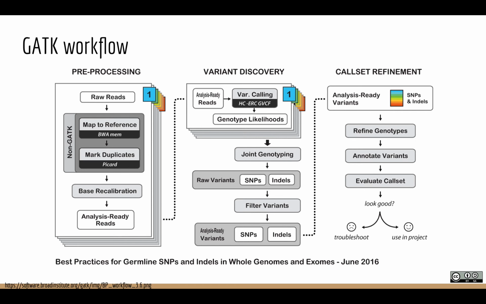Now, the dimensionality here, the stacking: let's say we sequence the genome of everyone in this room. We would call variants in your genome, your genome, your genome, and produce, looks like, 40-ish files. Then we take all those files together and find all the sites that are polymorphic among all of us.